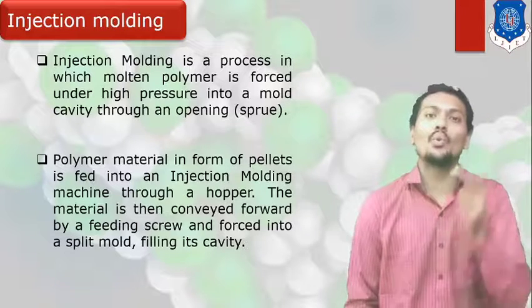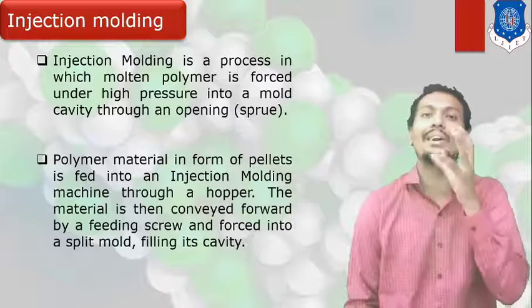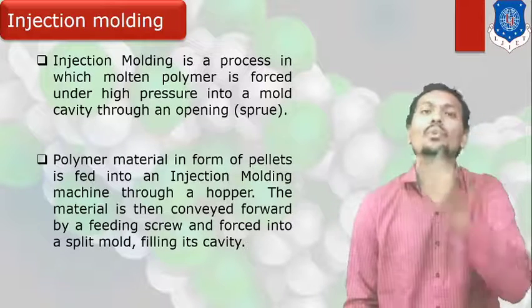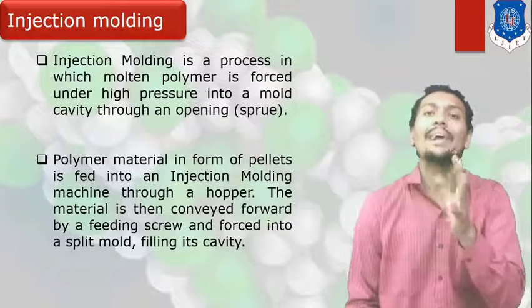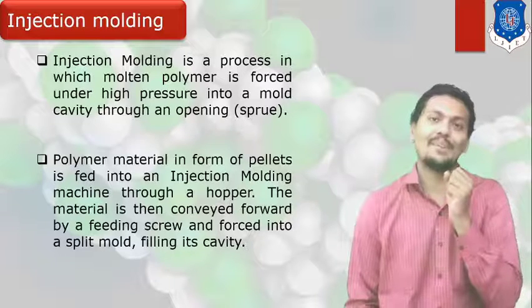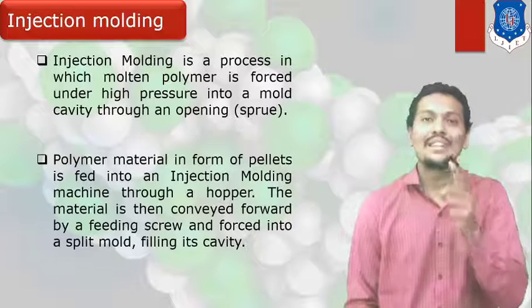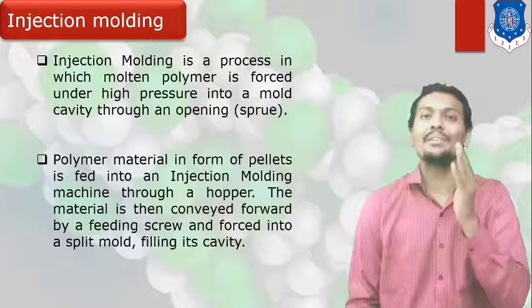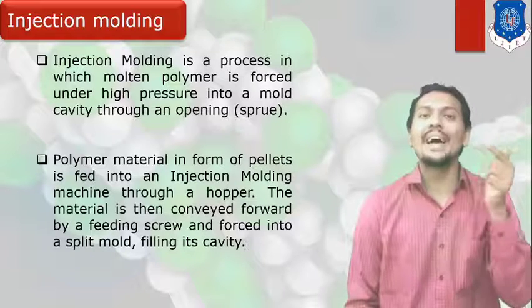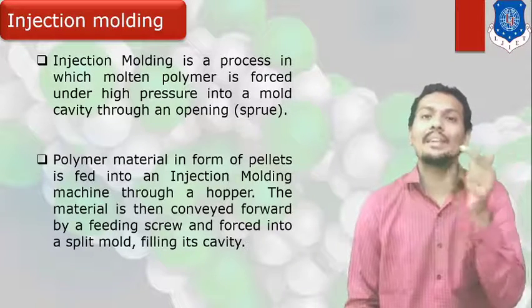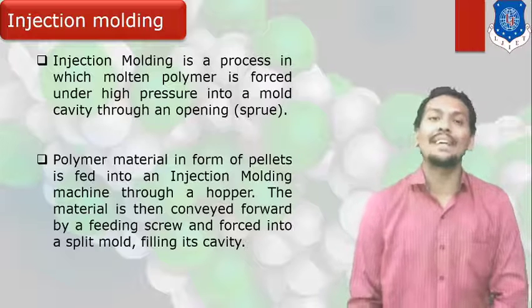Injection means to inject the heated or liquid plastic into the mold or die or cavity, right? So in the injection molding, our purpose is to inject the liquid plastic in the die or cavity.